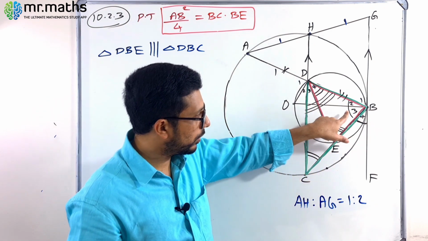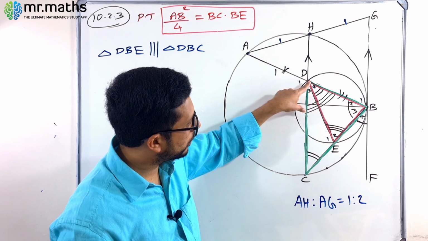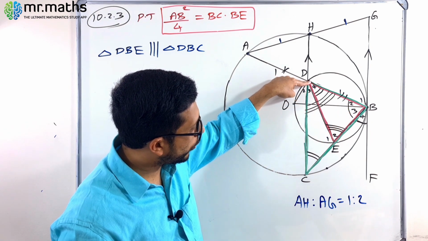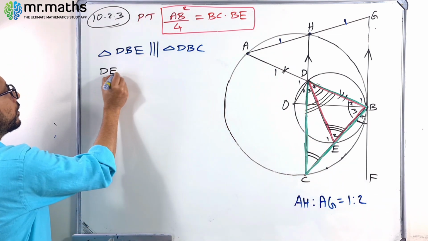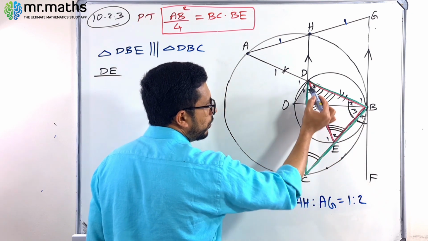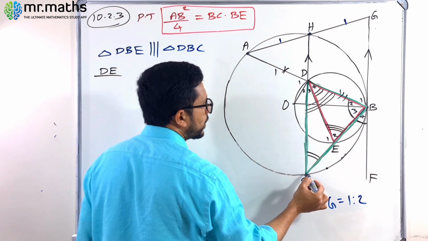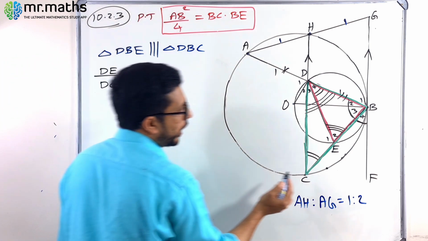Look at the one line. What is the opposite side of that one line in the small triangle? DE. So DE divided by, what is the opposite in the big one? DC.